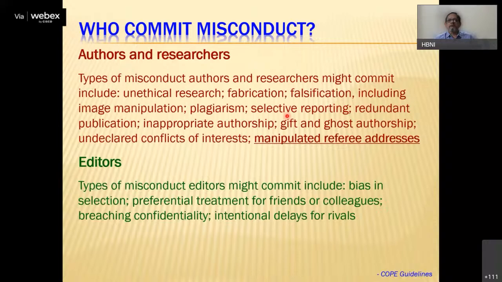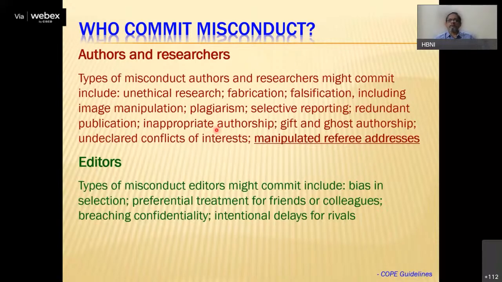No one wants to see bad data or negative results. So everyone really loves good data. And then, of course, redundant publications or duplicate publications, which I have discussed, salami slicing or whatever you want to call it. Then inappropriate authorships.